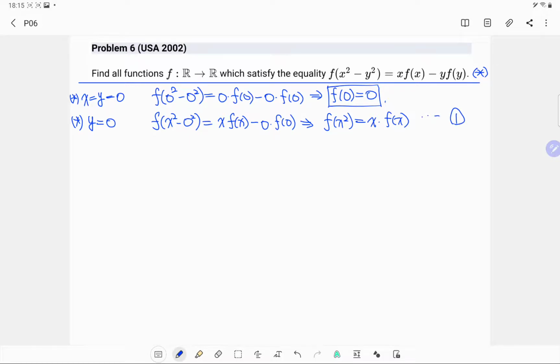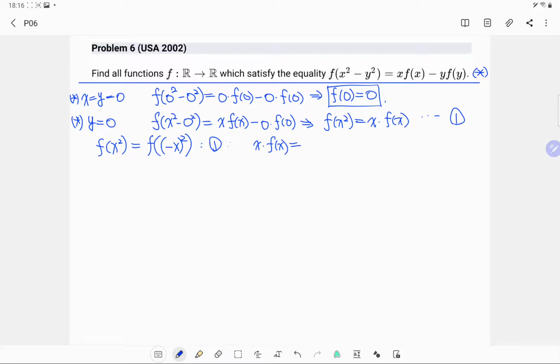By making use of this equation, we can have f of x squared equals f of minus x squared, something like this. Actually they should be the same because minus x squared is x squared. So we can make use of equation 1 so that on the left side it is nothing but x times f of x.